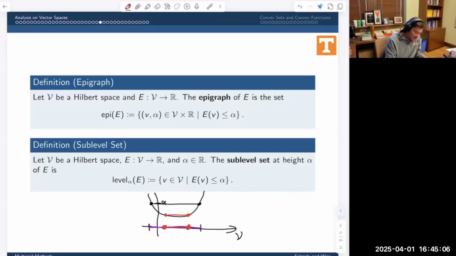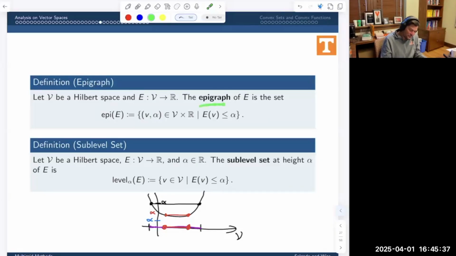I could decrease alpha further still until basically the sublevel set is empty. For example, for this value of alpha, there are no points in the Hilbert space such that E of v is smaller than alpha. There aren't any, so in that case, that sublevel set is just the empty set.